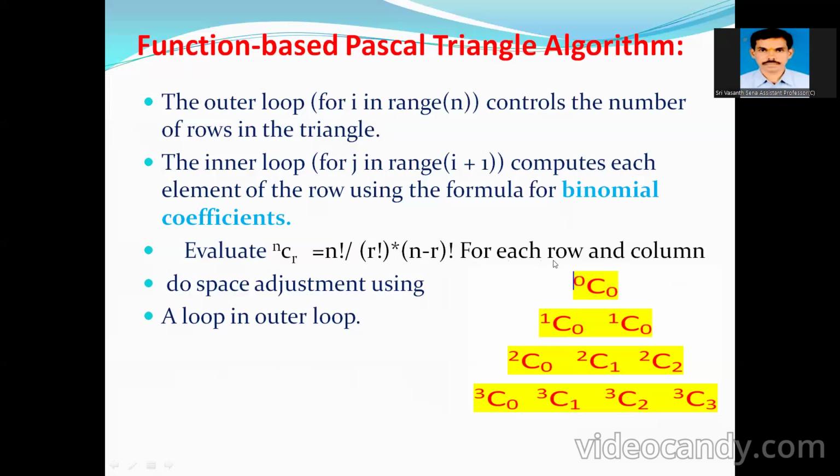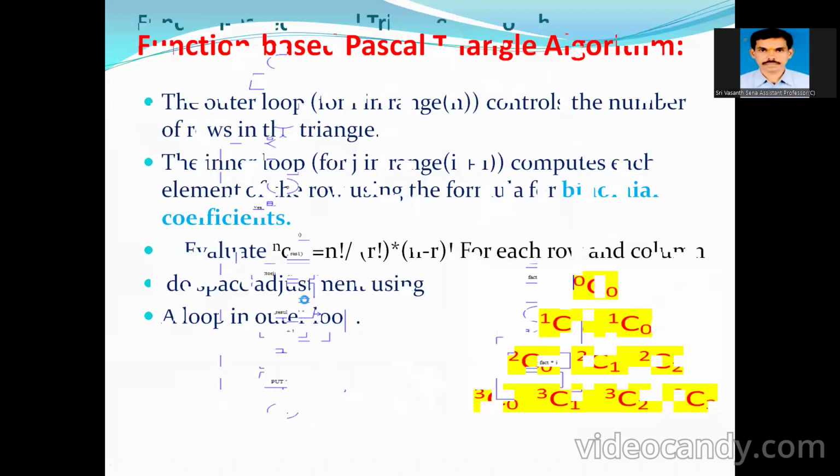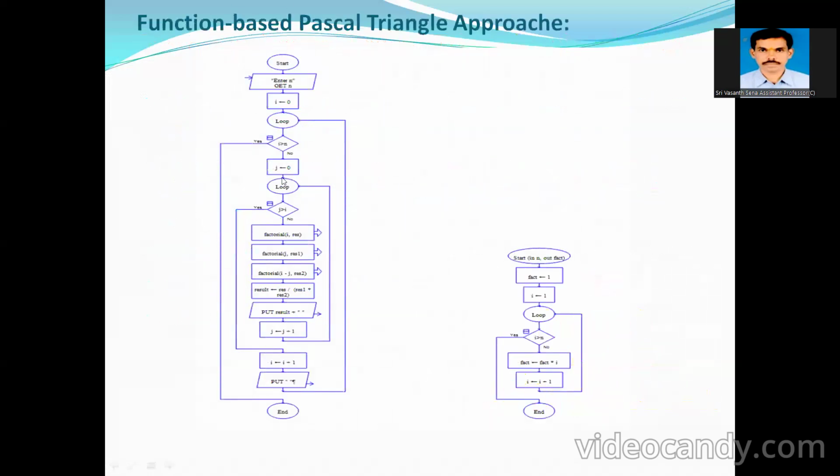For each row and column, we need to evaluate this nCr formula: first 0C0, then 1C0, 1C1, 2C0, 2C1, 2C2. After this, you need to adjust the space using one inner k loop within the outer for loop. So this is my function-based Pascal triangle using RAPTOR.